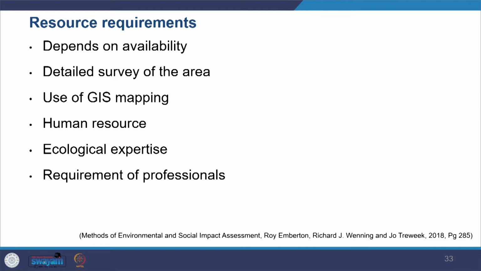You also need to look into the human resources, what kind of human resources you have, and you might also need ecological experts for your purpose. In this particular case, you might need licensed experts, ecologists and professionals who have certificates and licenses, so that only they can undertake these kinds of studies.